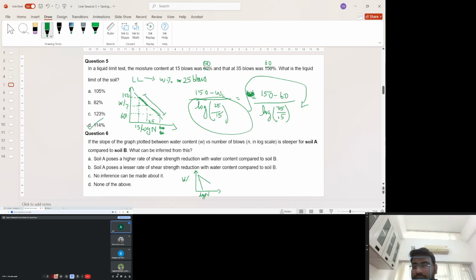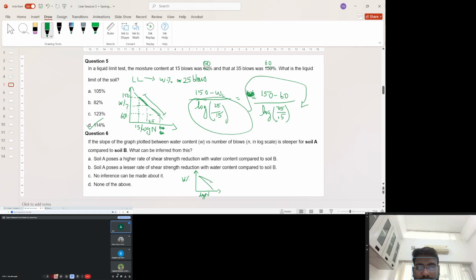Now here two conditions should be satisfied in order for us to compare the results. The initial starting portion should be the same, and the final portion also the same, such that we can compare the slopes.